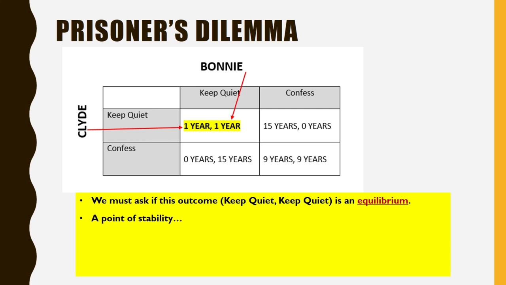By equilibrium, in this context, we mean it's a point of stability, but it means something very specific. Specifically, we're looking to see if it's what we call a Nash equilibrium. So we want to know if it's a point of stability in the Nash equilibrium sense.